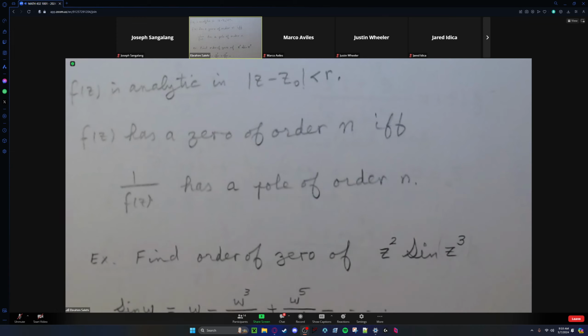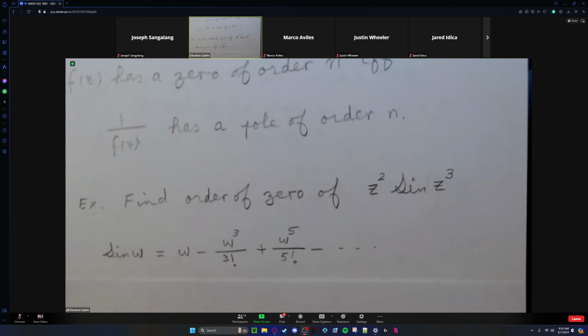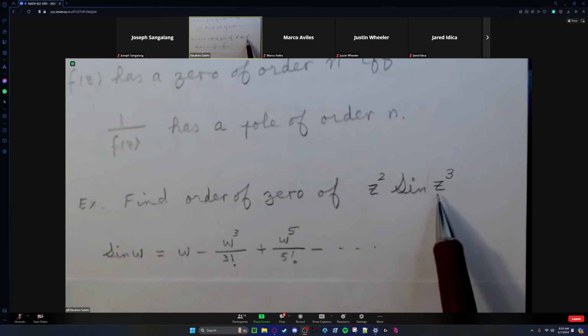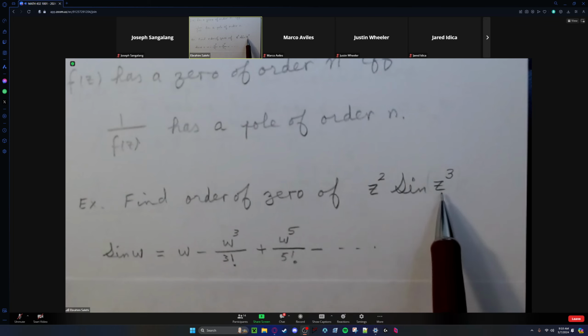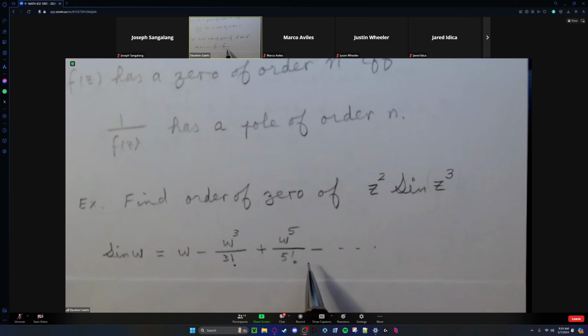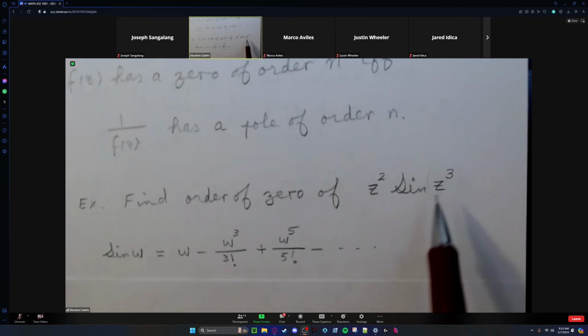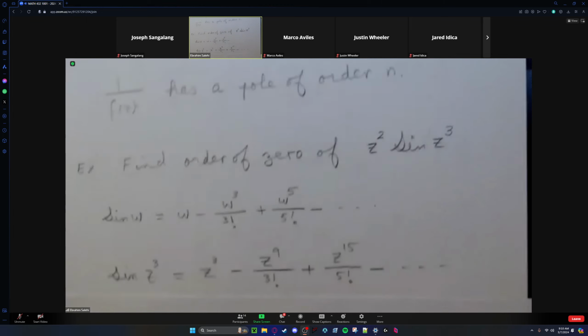Well, here is the sine of z cubed. We know it's a beautiful function, an entire function. So its expansion, here is sine of w. Replace w by z cubed, and this is what you get.